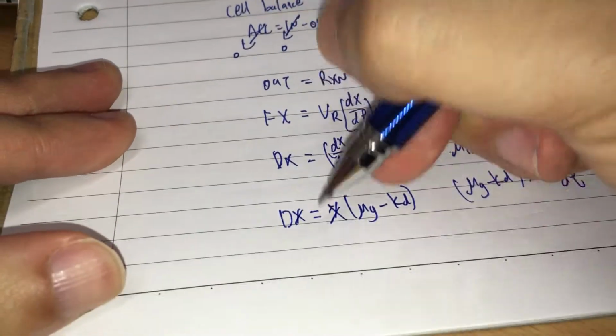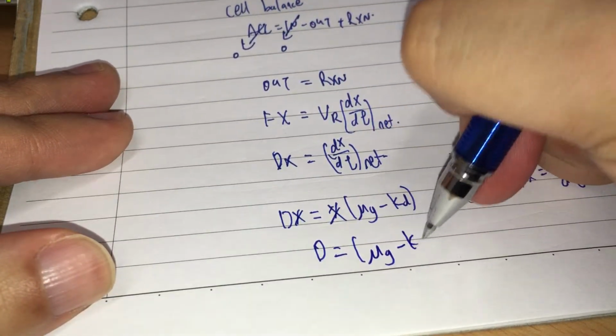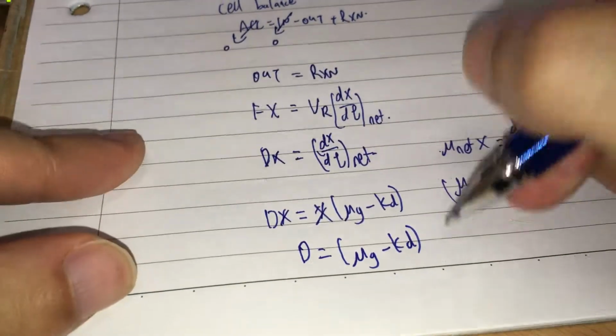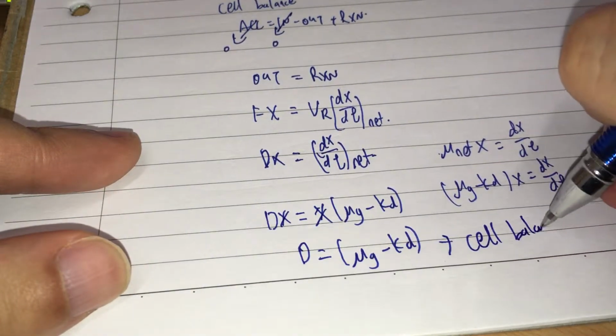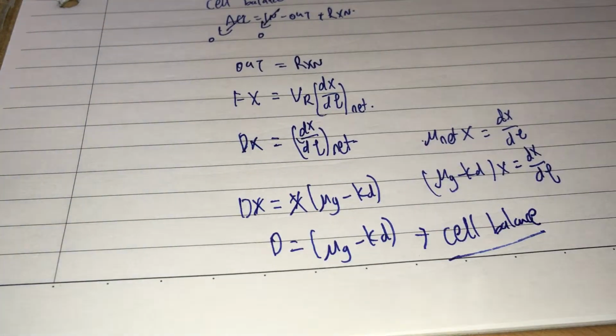The production of material doesn't seem to affect the cell balance. So the cell balance doesn't really change.